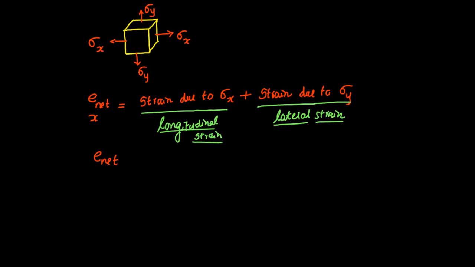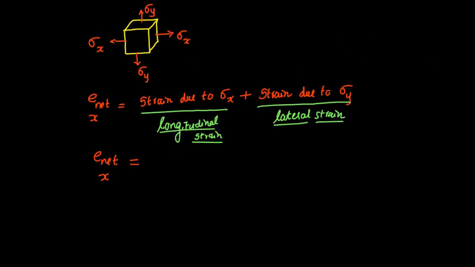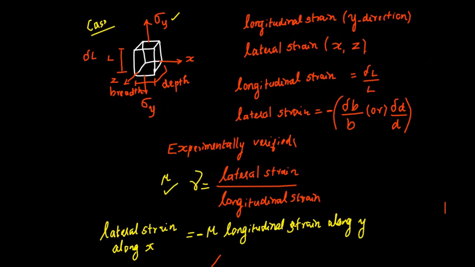So here we go. The net strain acting along the x direction: the longitudinal strain formula is longitudinal stress divided by Young's modulus. Okay, so in that case it will be sigma x divided by E. And the strain due to lateral, which means the lateral strain, is given by this equation.